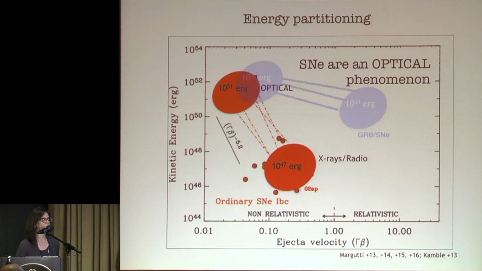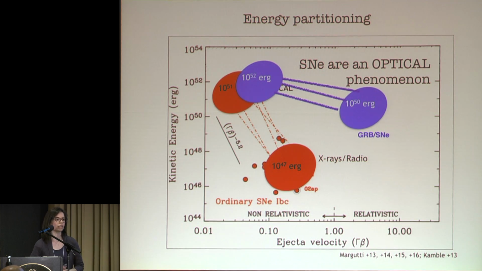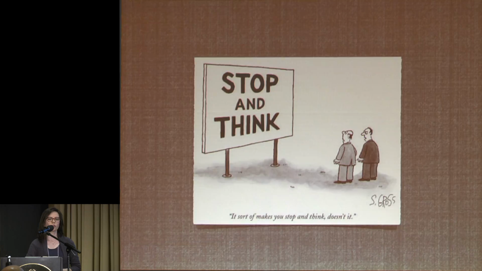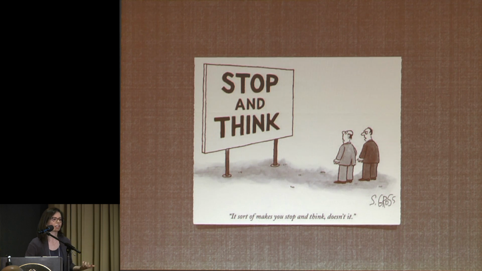Even for the most extreme cousins, the type Ibc supernovae associated with gamma-ray bursts, we only have something like 10^50 ergs in the radio and X-rays. So this makes you stop and think about why I should care about something that carries maybe 0.1% or even less of the energy. I'll try to make this point in the next few slides.